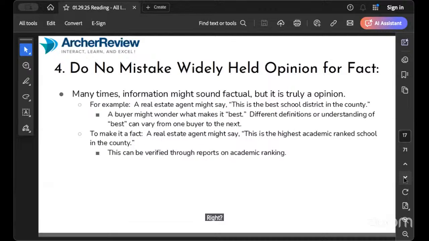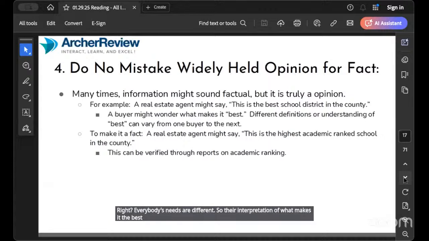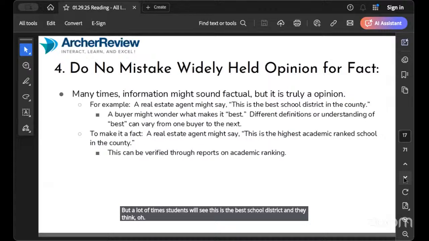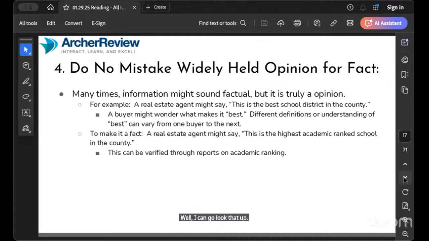Everybody's needs are different, so their interpretation of what makes it the best would be different. Therefore, it makes the best school district phrasing an opinion instead of a fact. Okay, but a lot of times students will see this is the best school district and they think, oh, well, I can go look that up. But how? What are we evaluating best on? Does that make sense?